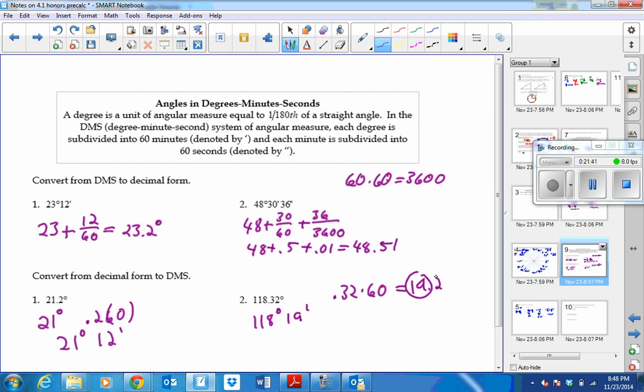Now I still have this 0.2 decimal. So I'm going to take that 0.2, because that's 0.2 of a minute, and multiply that by 60 to figure out how many seconds that is. So 0.2 times 60 gives us 12 seconds. So we have 118 degrees, 19 minutes, and 12 seconds.